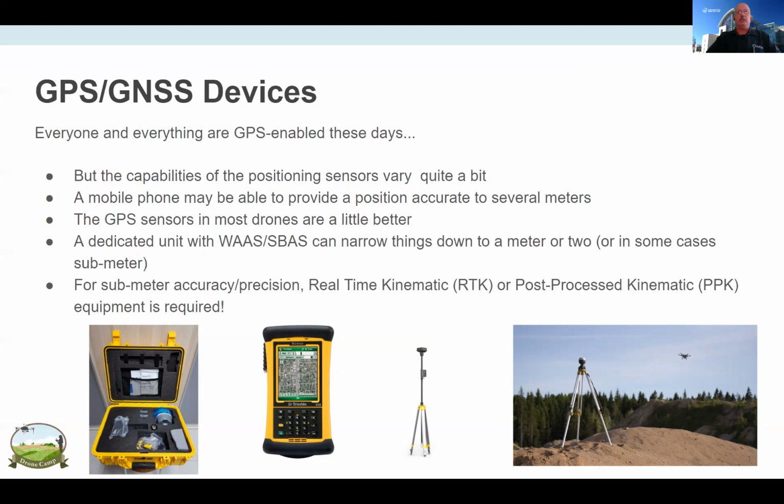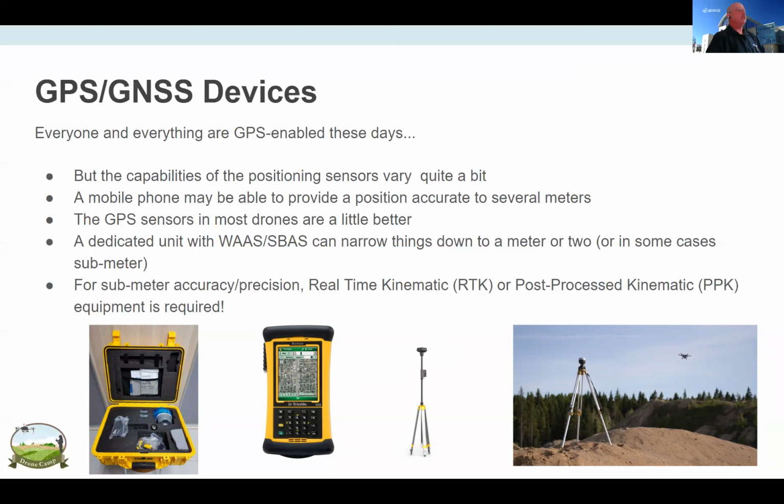The technology has become miniaturized. It has become very affordable. The chips that accomplish this amazing feat of telling us where we are on the globe have shrunk down to very small, and everything has GPS now.